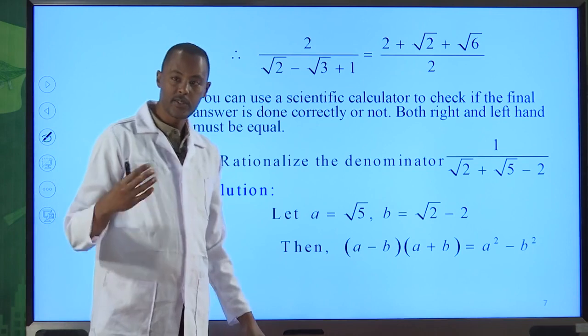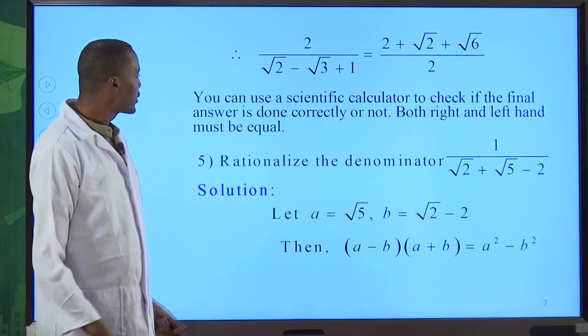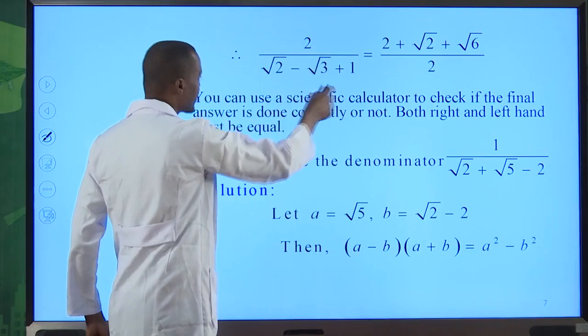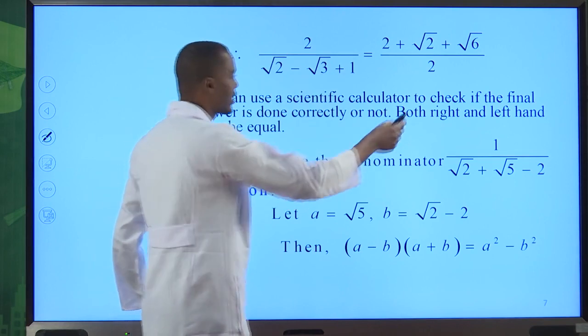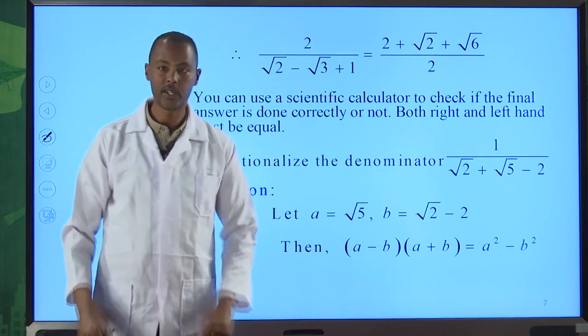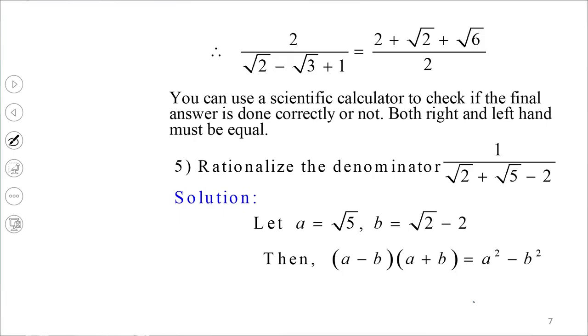If nobody is with you to assist you, if you did right or wrong, what you can do is possibly insert into your calculator this expression, and another time that expression, to see if they will yield you the same result or not. That is a kind of self-test and checking your answer by yourself.